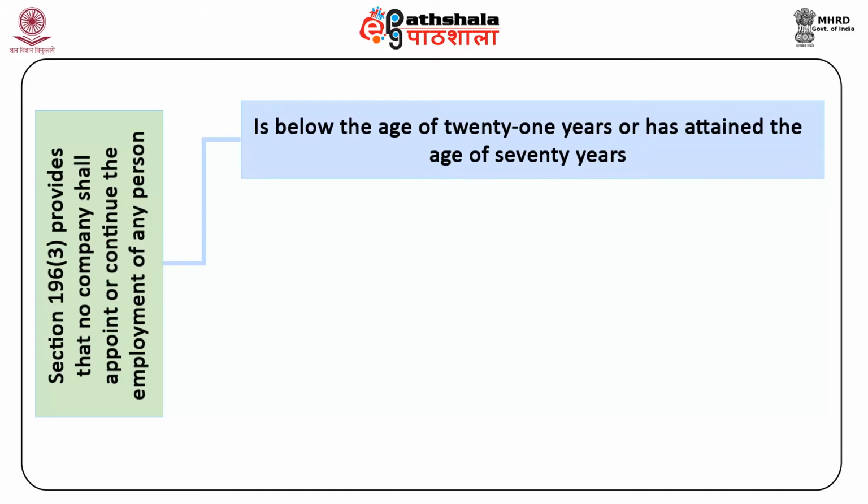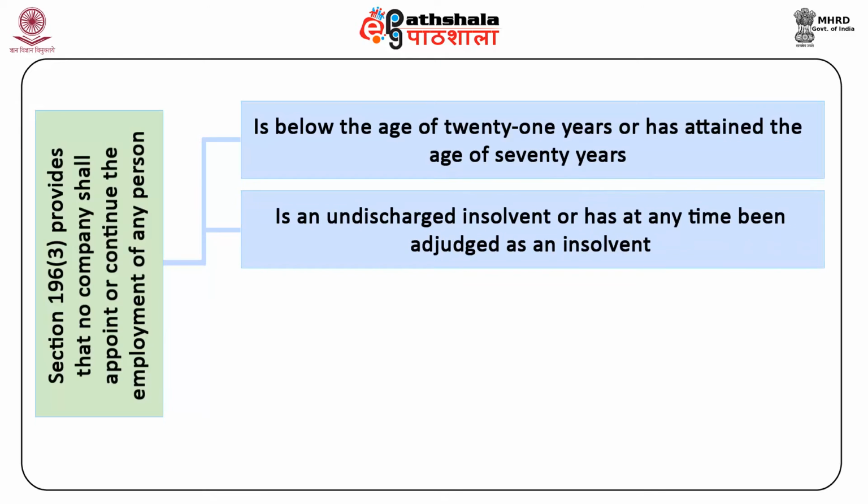years, provided that appointment of a person who has attained the age of 70 years may be made by passing a special resolution, in which case the explanatory statement annexed to the notice for such motion shall indicate the justification for appointing such person. Second, is an undischarged insolvent or has at any time been adjudged as an insolvent.